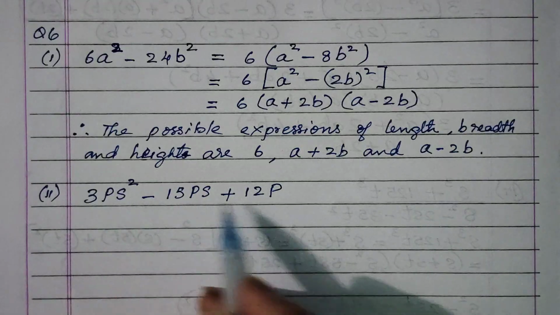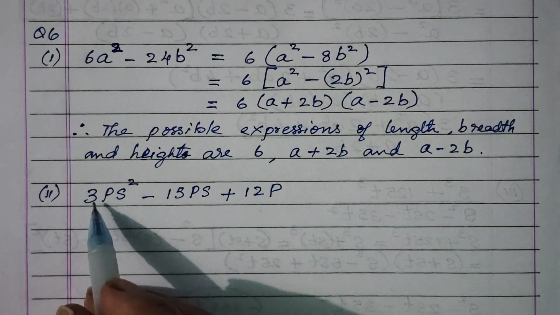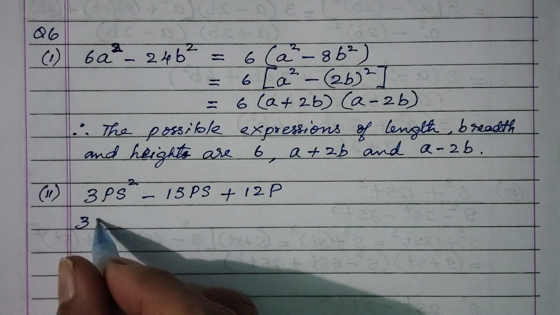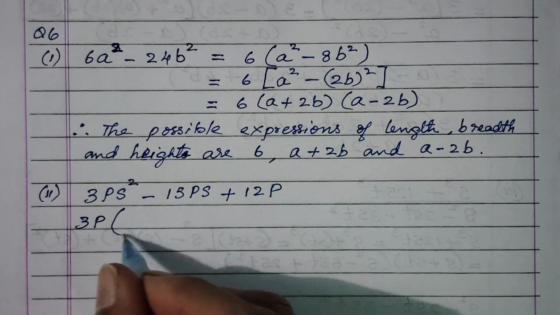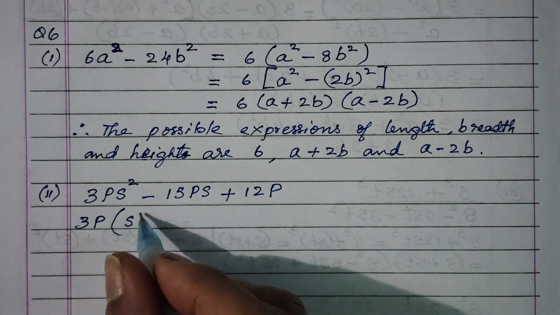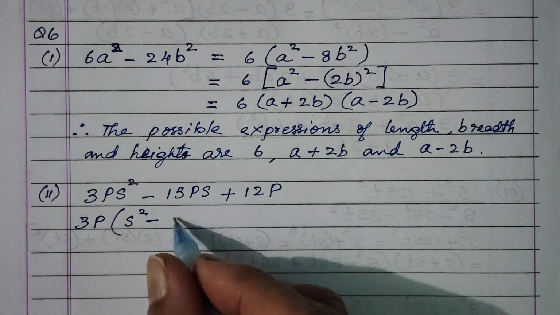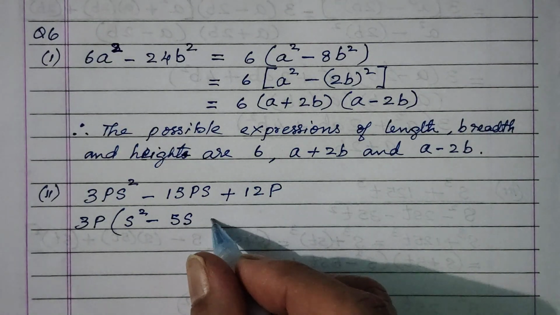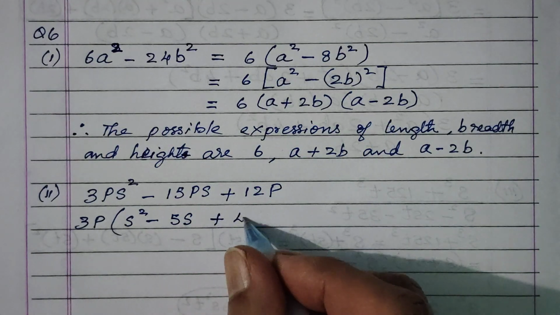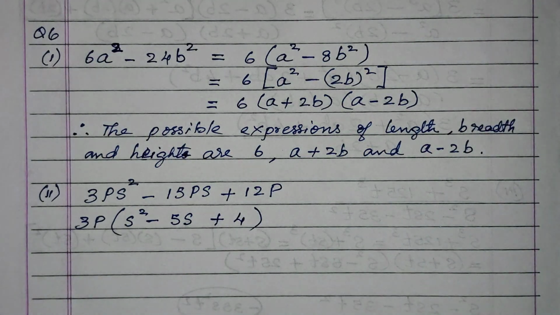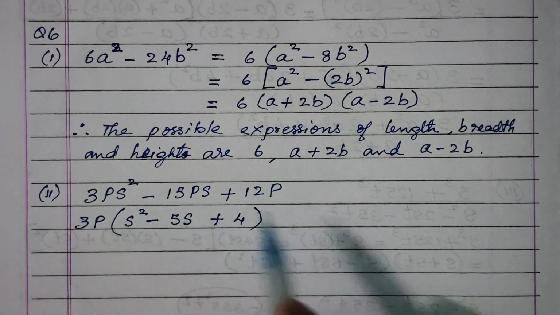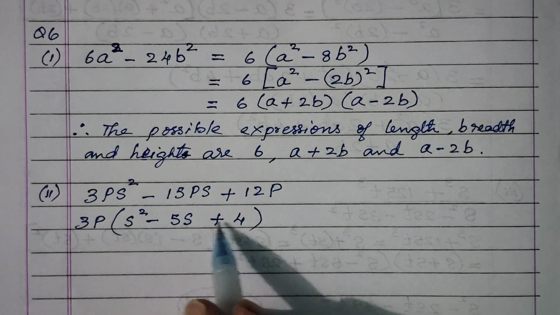The common factor between the three terms is 3p. So we will take 3p as a common factor. So 3p into s square minus 5s plus 4. So we have taken 3p as common factor.